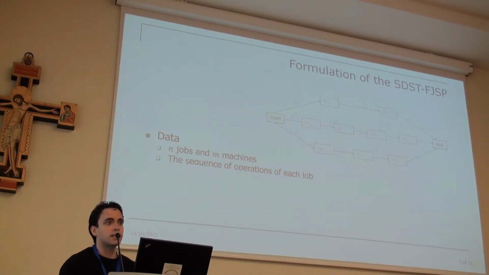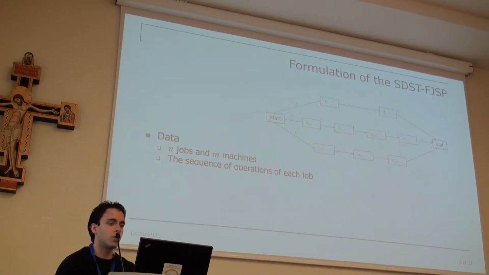Each one of these tasks has to be processed in one machine. That machine has to be selected from a subset of the total of the n machines. That's the main difference between the flexible job shop and the classical job shop. In the classical job shop, each task is only processed in one possible machine. In the flexible, you can choose from a subset of machines.